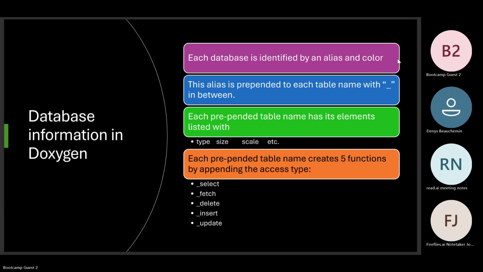So at this point, we get more into visual stuff because we are going to see this on the graph and we want to be able to pick out things. So what we started doing is that when you have multiple databases, you declare each database name and you give it a color.